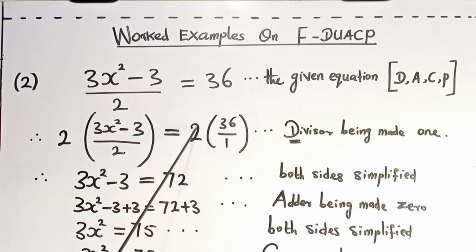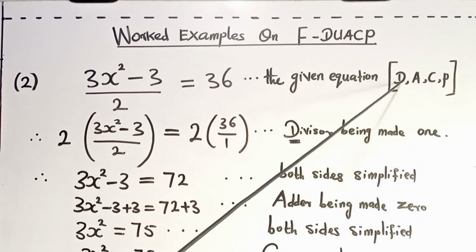When 1 divides 2, it is 2. 2 times 36 is equal to 72. That means that we have simplified both sides. When this side is simplified, we get this. When this side is simplified, we get this. Divisor now cleared. That is the first D is over.